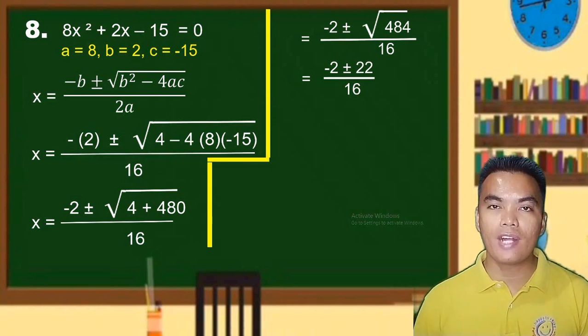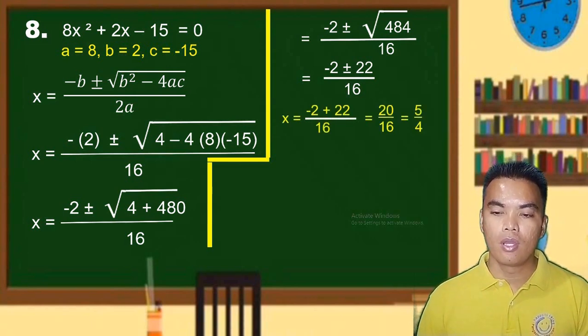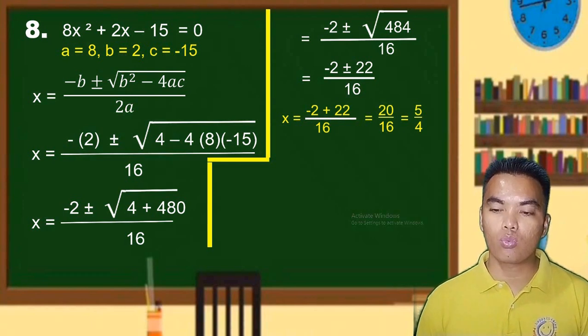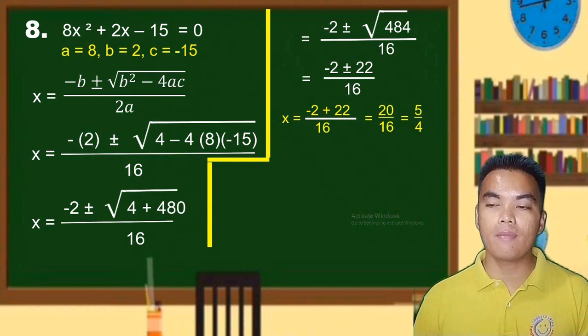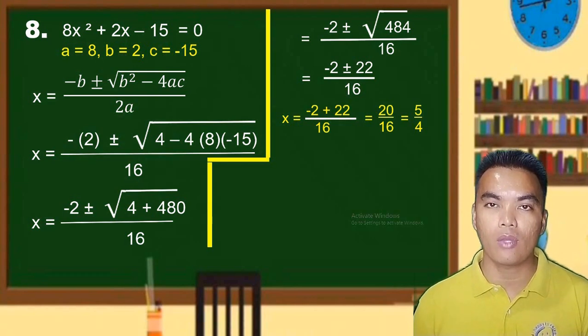So again, we have two values of x. The first one is (-2 + 22) / 16, and that is equal to 20/16. Divide 20 and 16 by 4, we have 5/4. And that is the first solution of the given quadratic equation.